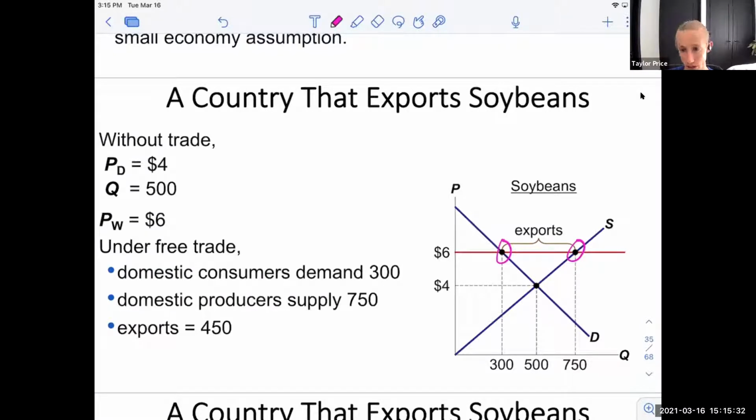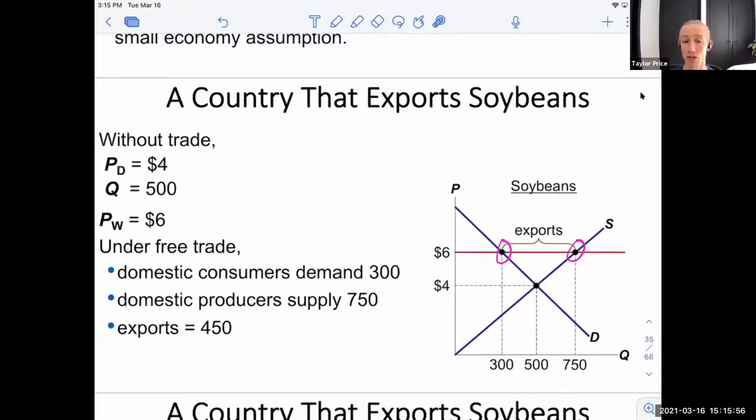those goods. The exports are going to be the difference between 750 and 300. You get that from taking a look at where the price intersects the supply curve at 750 and where the price intersects the demand curve at 300.